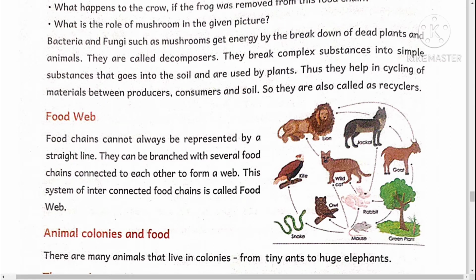In this food chain, the crow is a tertiary consumer as it feeds on frogs. If the frog was removed, the crow will go hungry and its population will decrease. And what is the role of the mushroom in the given picture? The mushroom is a decomposer.